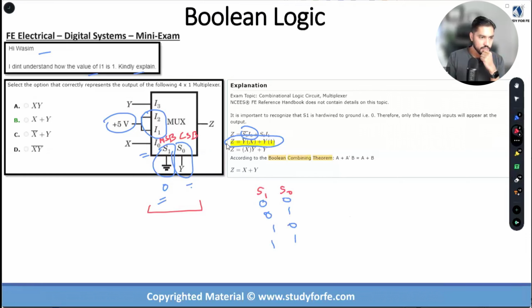Please let me know in chat. If I label them 1, 2, 3, and 4, which ones are not possible based on the circuit that I have shown here?